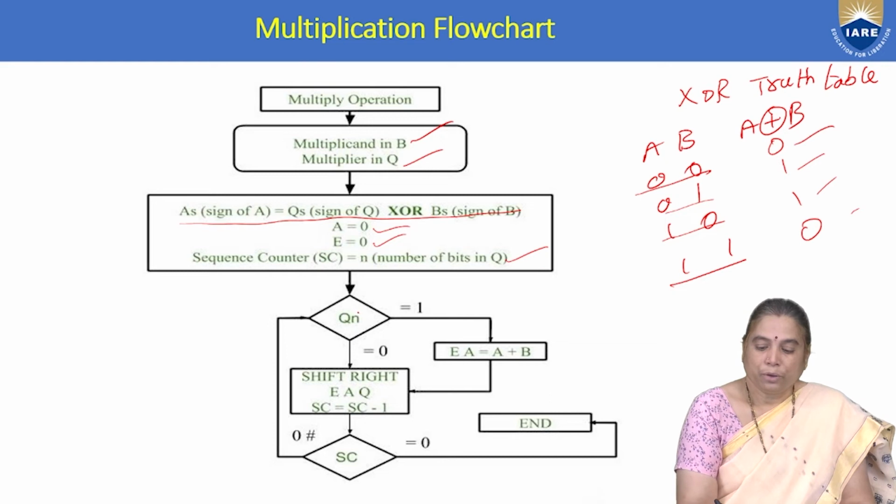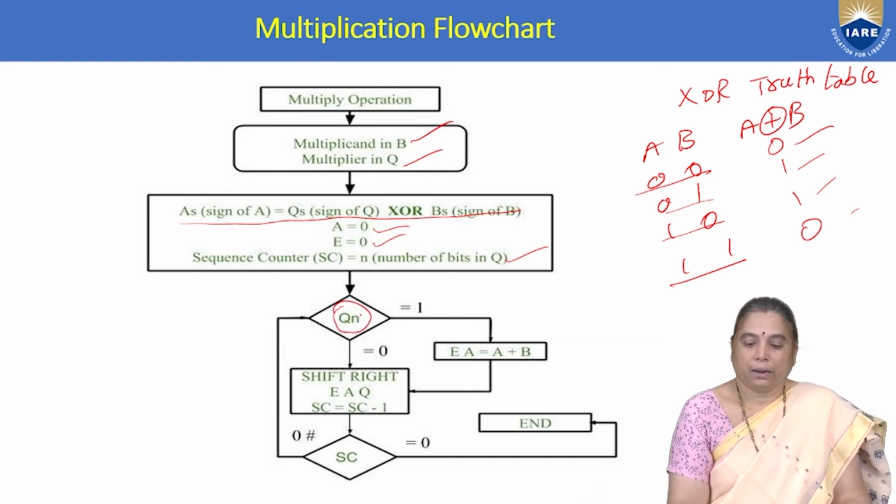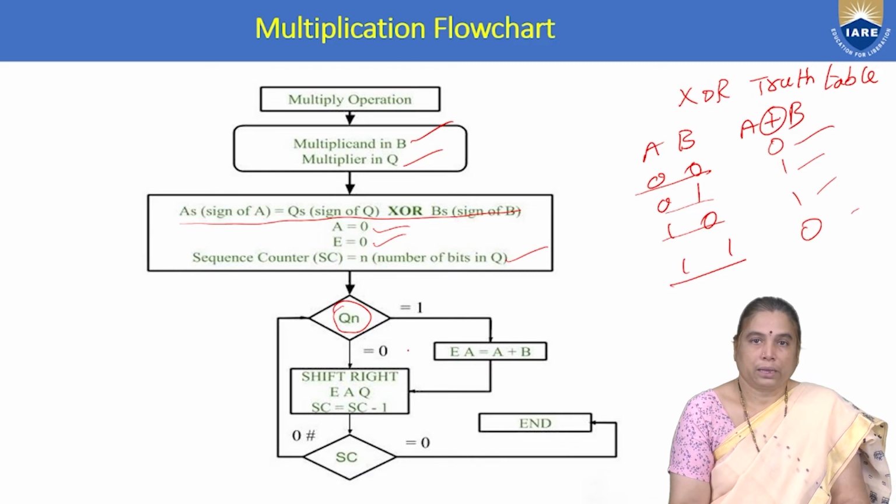Here Qn is the LSB of the multiplier. The LSB of the multiplier is taken. In the binary number system, there are only two possibilities: it can be 0 or it can be 1. So whether the Qn value is 1 or 0 is compared here.